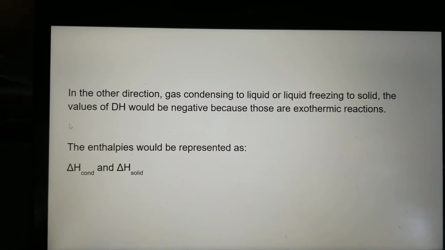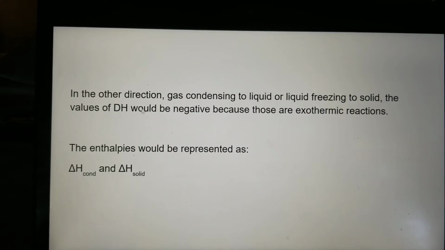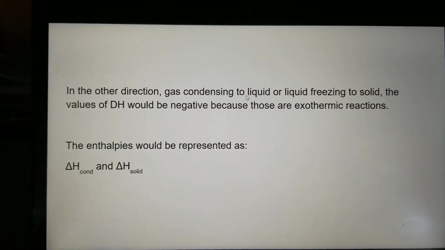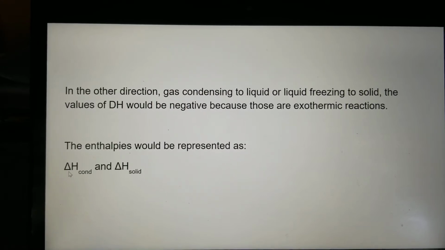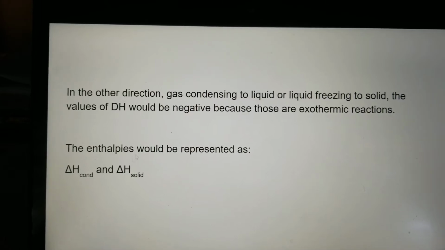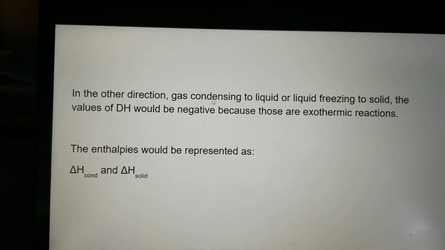If you were to go in the opposite direction, then gas would be condensing to liquid, and that's how you represent it: delta H of condensation, COND, stands for condensing or condensation.